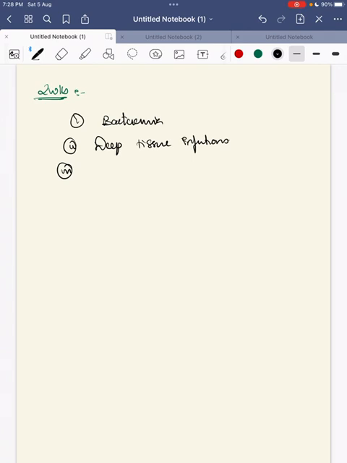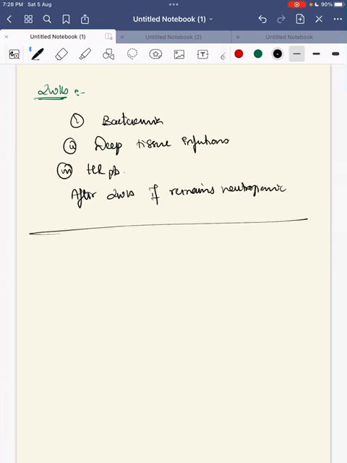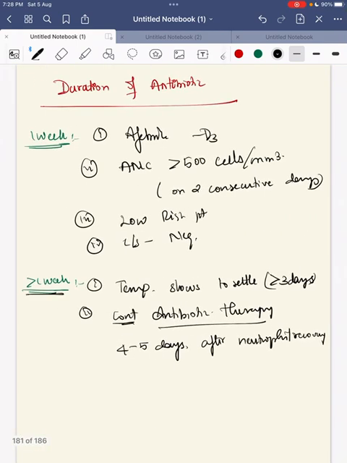Then you will continue the treatment for 2 weeks. Okay. So this is about febrile neutropenia.